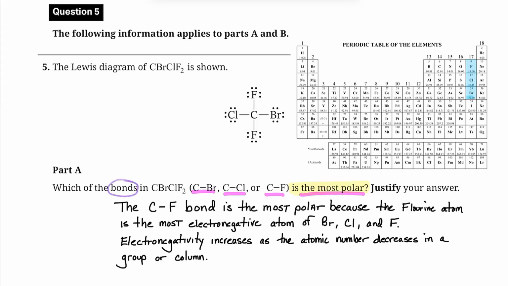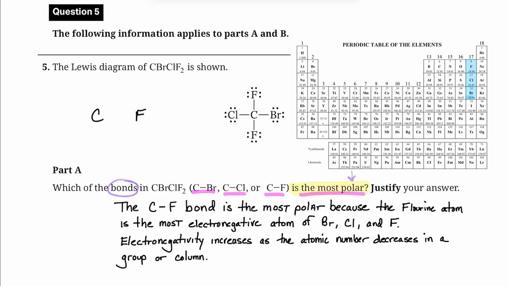And when you've got yourself a polar bond, you have unequal sharing. So if you got confused here or didn't understand the concept, if I was to draw a carbon to fluorine bond, there's a pair of electrons that exist between them. That's what that dash means.